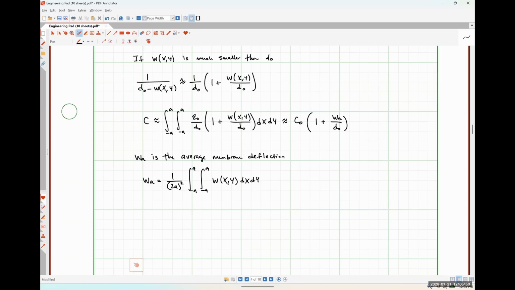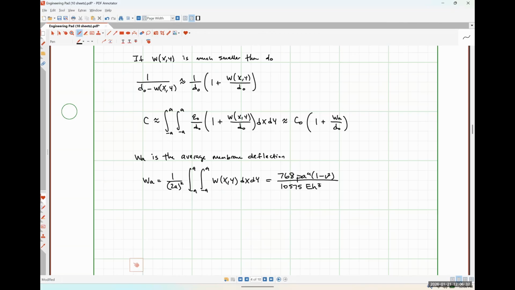Skipping through a ton of steps, just because I don't want this to take too long, when I did the math for this, I wound up getting 768 P a to the fourth power times 1 minus nu squared, all over 10575 E h cubed.